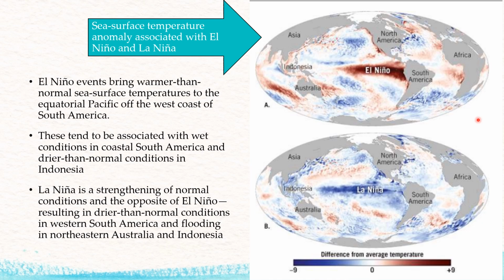Therefore, the circulation pattern is associated with low pressure in the Western Pacific and can result in flooding in northeastern Australia and Indonesia, whereas it results in drier than normal conditions along the coastal areas of Western South America. So that's the situation that happens during El Nino and La Nina.